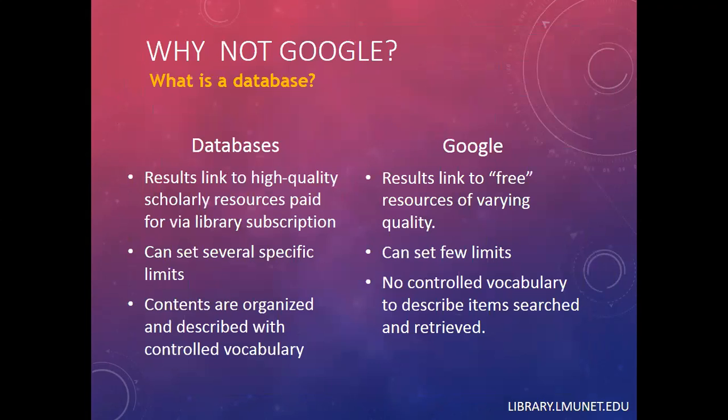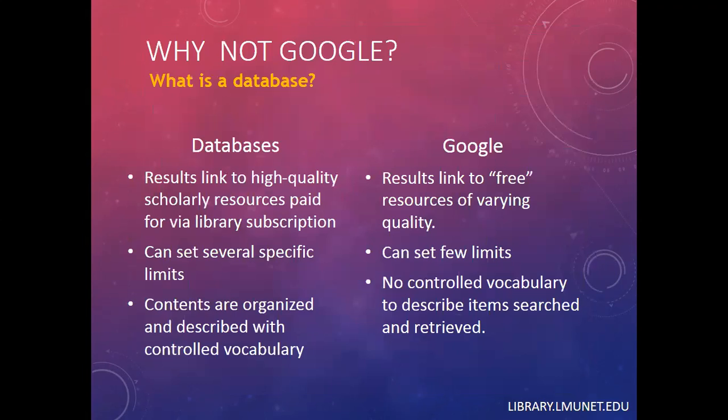So why can't I just use Google? What's the big deal? Well, Google is useful for a lot of things, but not for scholarly peer-reviewed information. The results, while they're free, the quality can vary. It's really hard to set really good limits with Google about what you're going to find. You can get millions and millions of results.